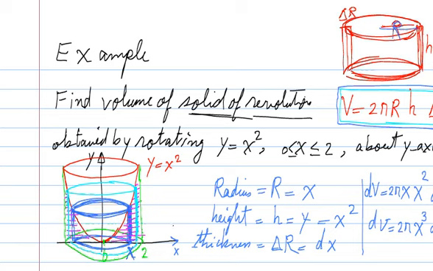We have these cylinders stacked from the innermost cylinder here, hard to draw, but there is a tiny cylinder right here with the radius close to 0, all the way to the biggest cylinder. The biggest cylinder is going to be of radius 2.